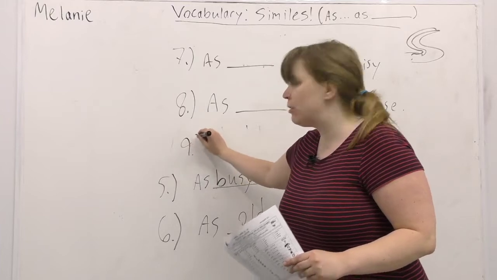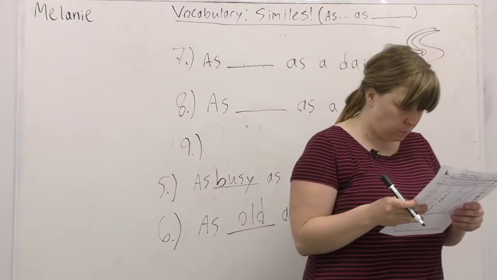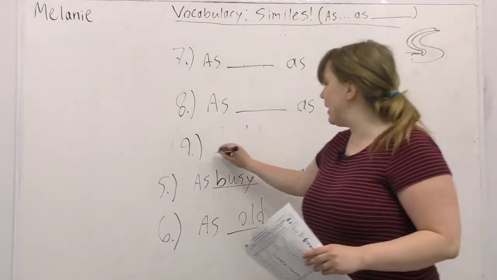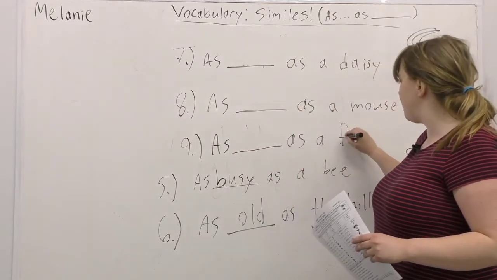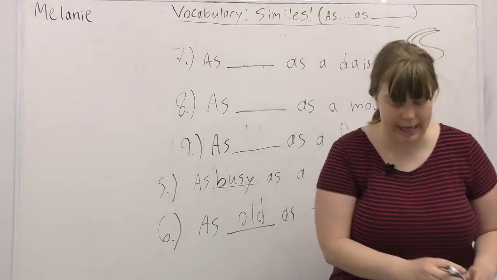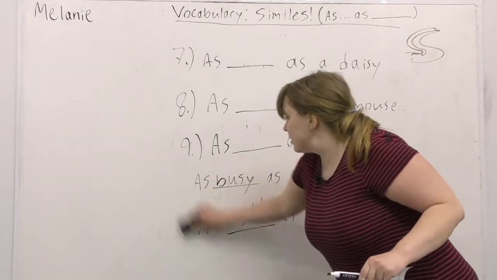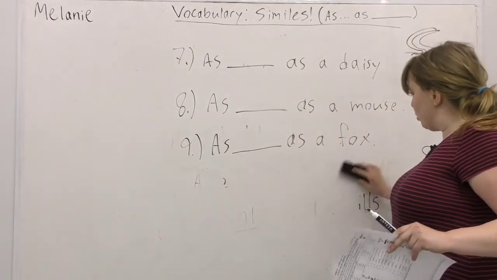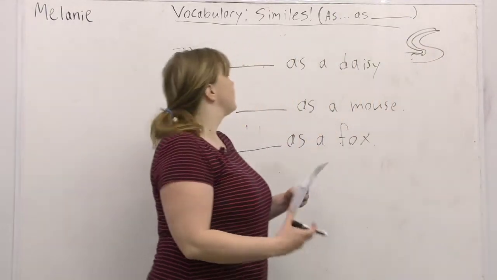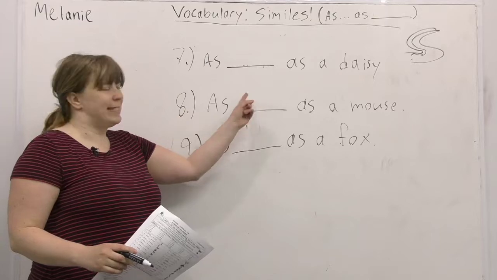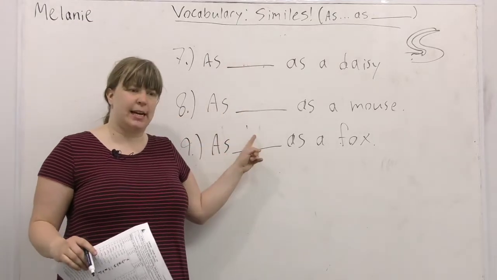And I'm going to write out number 9. As blank as a fox. Okay. Goodbye, busy bee. Goodbye, old hills. All right, so keep trying to guess these ones, guys.